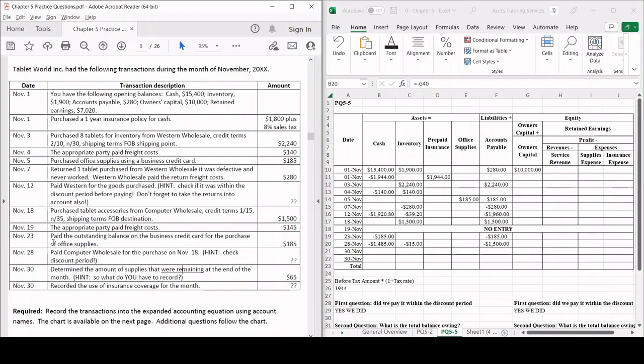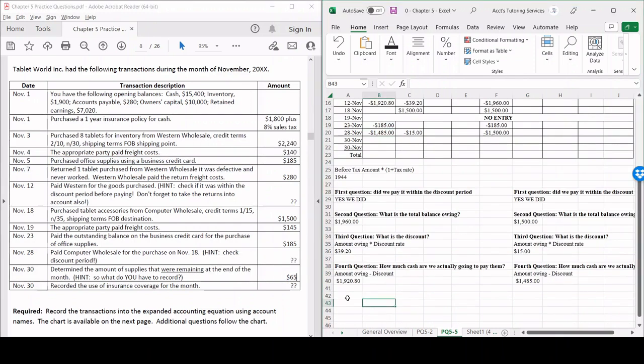Now for November 30th, determine the amount of supplies that were remaining at the end of the month. Hint. So what do you have to record? So originally we bought supplies of 185 and we have 65 remaining. So do it over here. So bought supplies of 185, remaining is 65. That means we must have used up the difference.